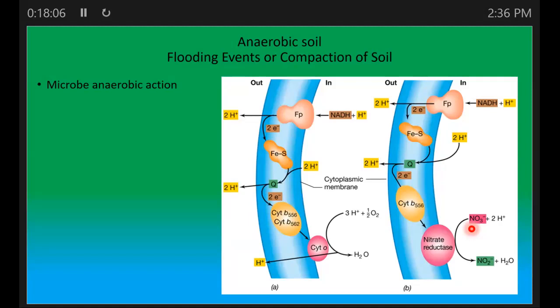If you create an anaerobic environment, now instead of oxygen sitting at the end of this electron transport chain, you have nitrate. So when the bacteria runs this reaction, it's going to stick nitrate at the end of this electron transport chain and convert it in the process to nitrite. You don't want that either. You don't want that going on in the soil, because now the bacteria has used nitrate for its own benefit and created nitrite, which isn't the best.